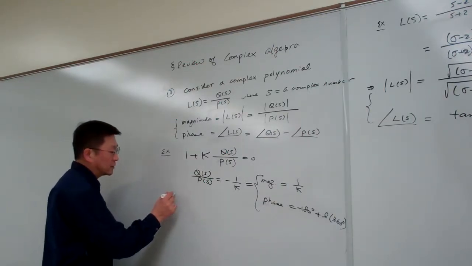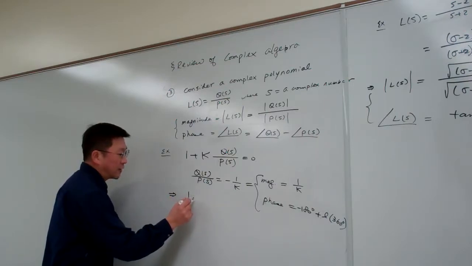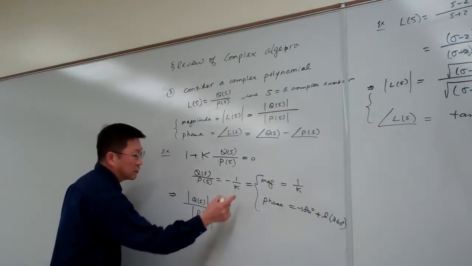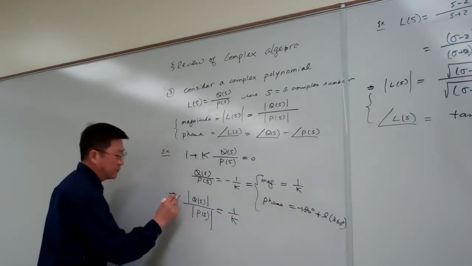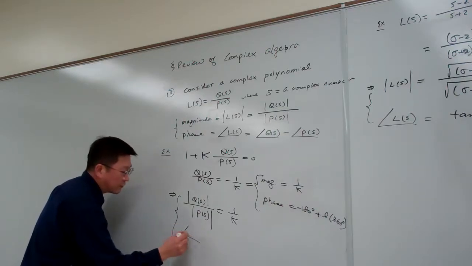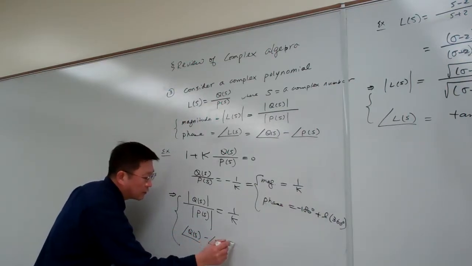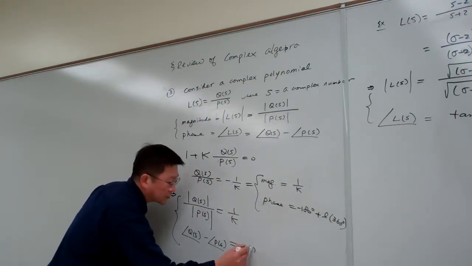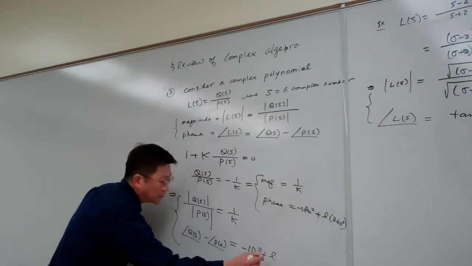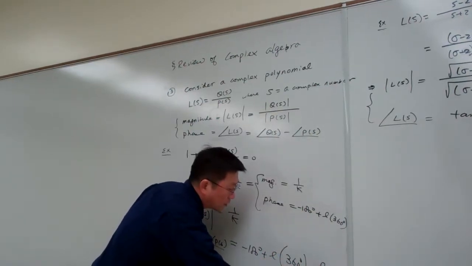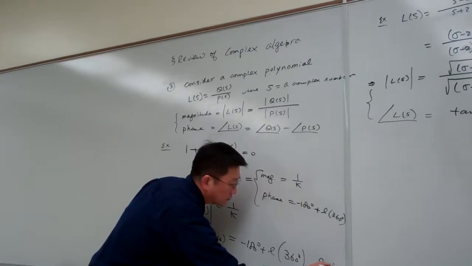This implies the magnitude of Q(S) divided by the magnitude of P(S) equals 1 over K, and the phase angle of Q minus the phase angle of P must be equal to minus 180 degrees plus L times 360 degrees, where L can be any integer.